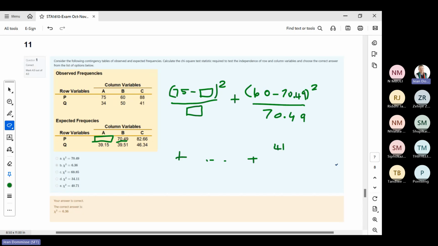That's 41 minus, what is it, 46.34, divided by 46.34. So this is actually a long question that you need to work out.